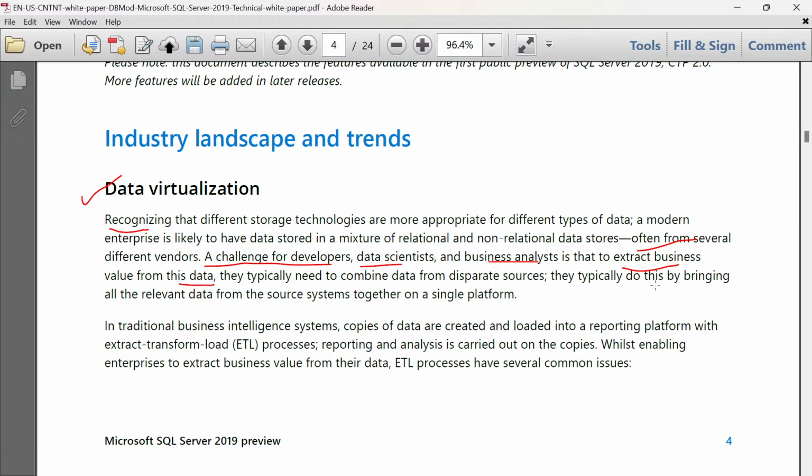They typically do this by bringing all the relevant data from the source systems together on a single platform. Now, many of you will imagine storing information by creating databases, tables, and storing details about an employee or a student or any other.